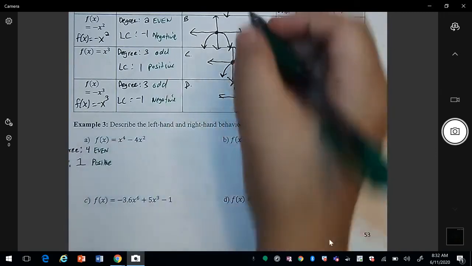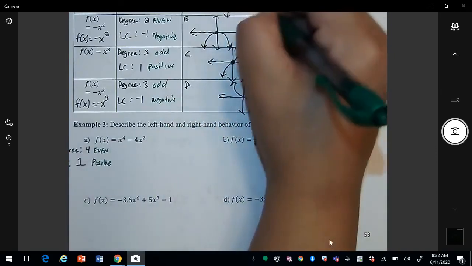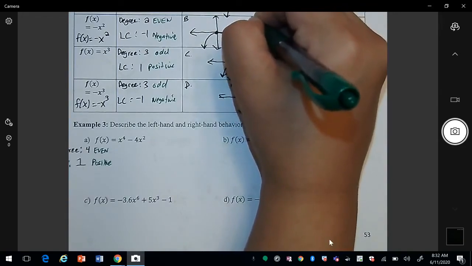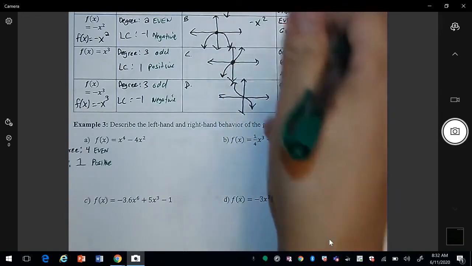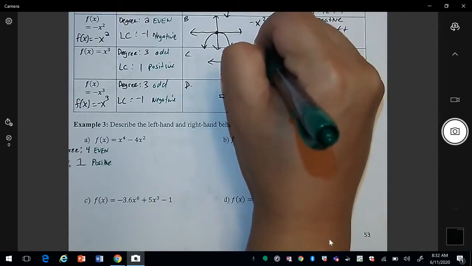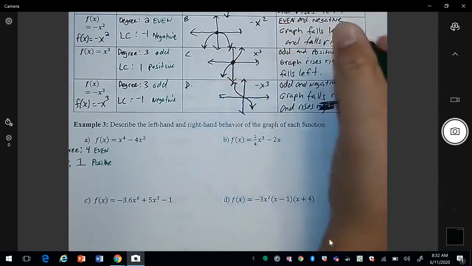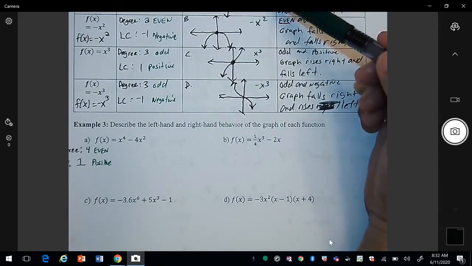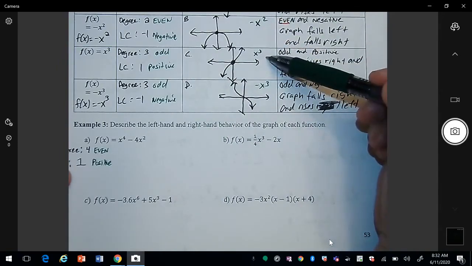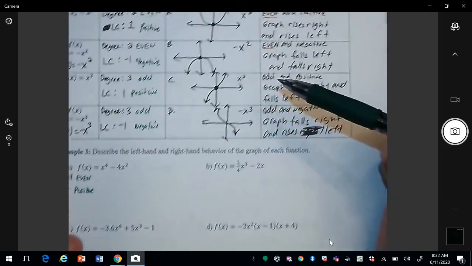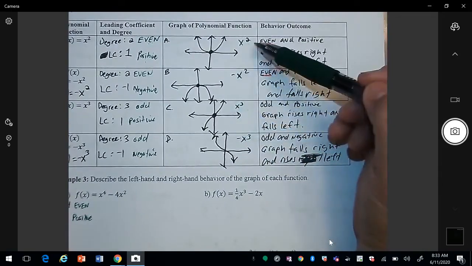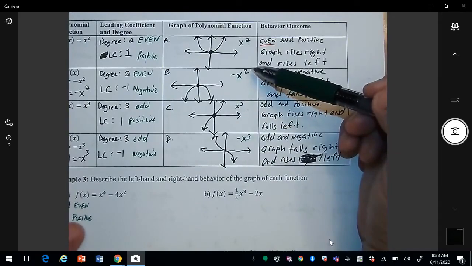And so you want to think about which graph does this remind you of? Or you can look at the statements here. So if we look at these, our degree is even. So that means that this graph and this graph is not going to be in our solution. So it's either going to be this one or this one. And then it's positive.